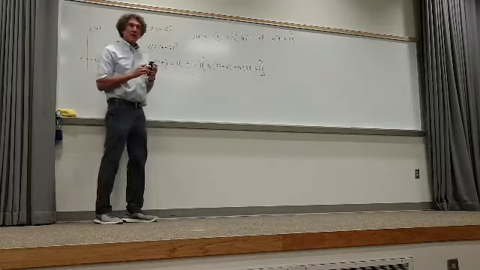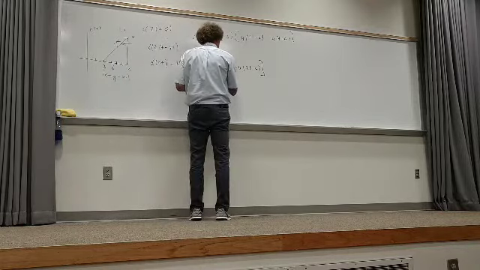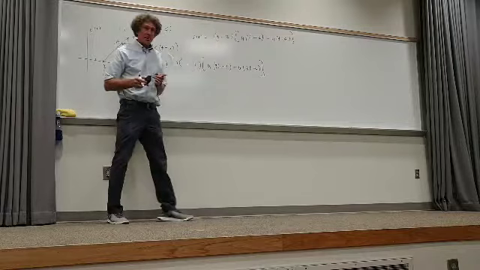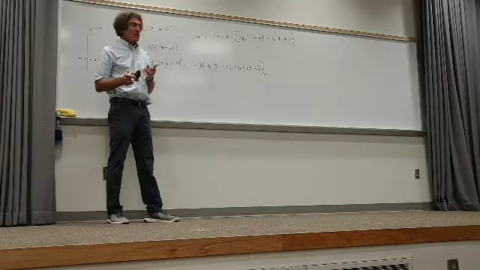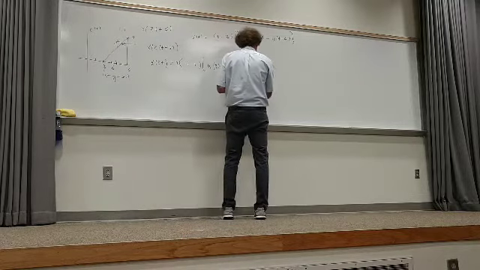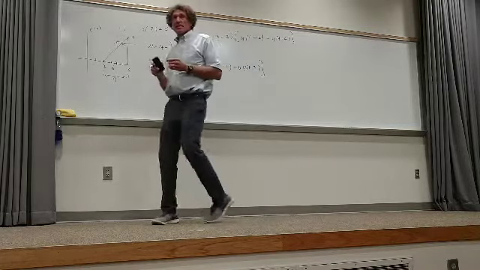Now I'm going to factor a 2 out of there. With me? Keep watching, you're going to see what happens. Now I'm going to factor 2 out of the last one. Are you with me? Everybody?